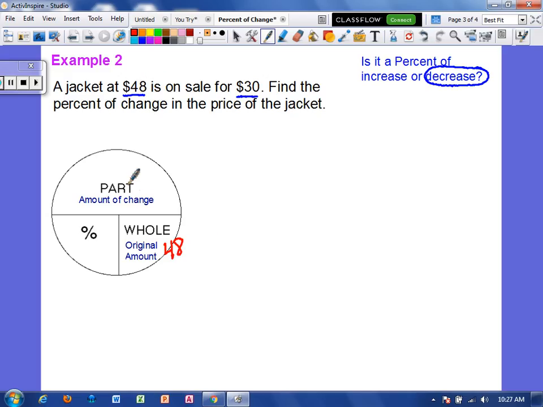Now the part is the amount of change. The jacket went from $48 to $30, but it did not tell us how much it changed by. So we have to figure that out on our own. We're just going to take the bigger number and subtract the smaller number. So the change would be the original price of $48 minus the new price of $30, and it would be $18.